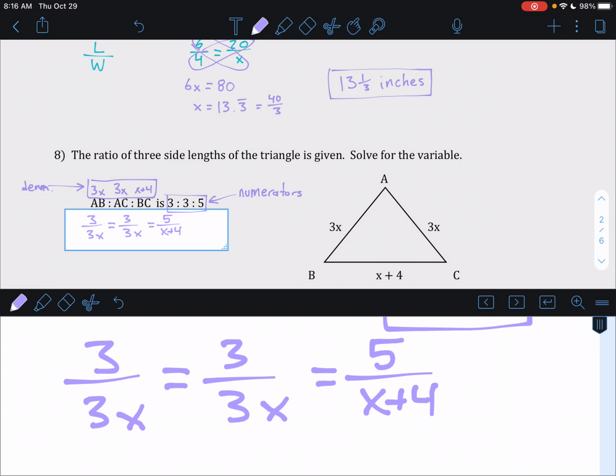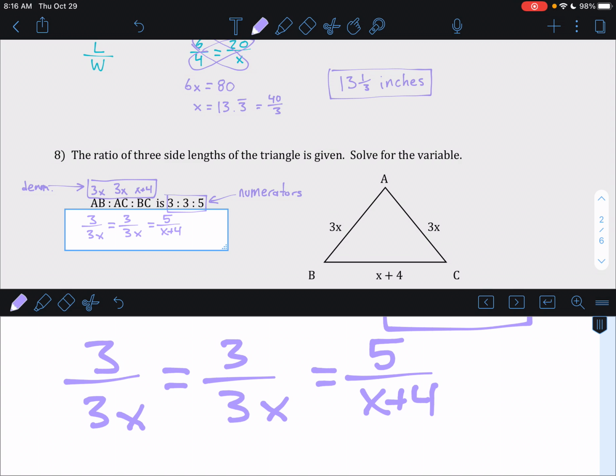Now I have 3 things that are equal to each other. And if we're given something like this, typically it won't matter which 2 I choose. I could just pick any 2 of these and solve that proportion. I don't have to use all 3. It's just like when we were solving the sides of equilateral triangles.